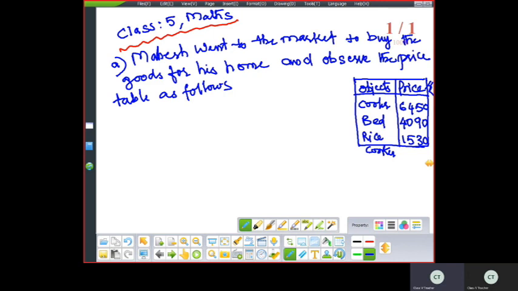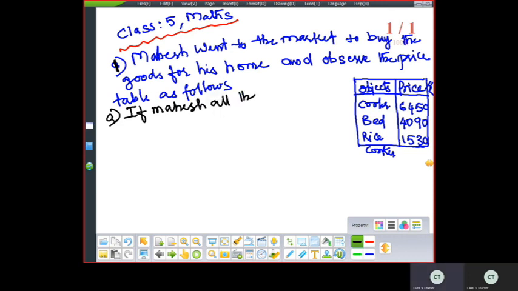Now let us see. First one, A1. If Mahesh bought all the three items and gave rupees 13,000 to the shopkeeper.